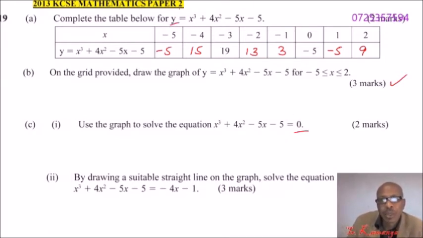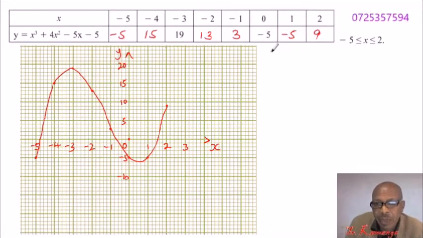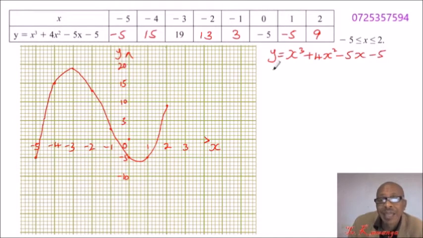So we can put here y is equal to x cubed plus 4x squared minus 5x minus 5. And the equation we are supposed to solve is 0.